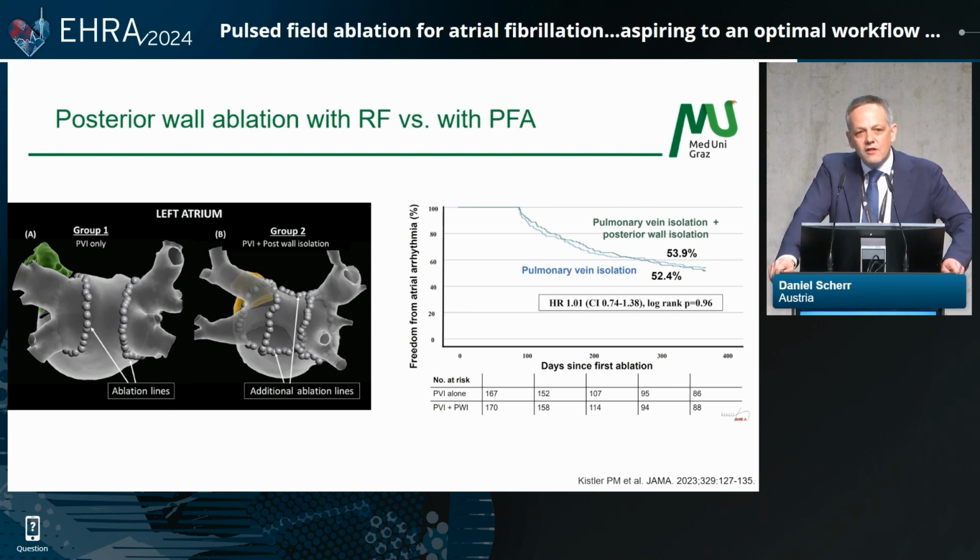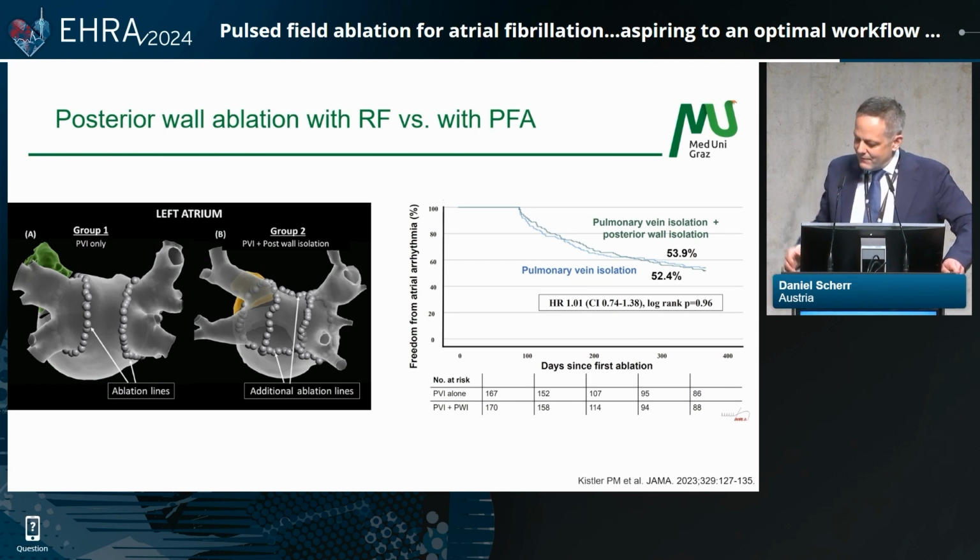And we as physicians may now jump to the conclusion that this is the fault of the energy, that it is RF that is bad, that RF is not working for the posterior wall. And at least myself and maybe some of you in the audience have had bad days where we have really struggled to isolate the posterior wall with RF. We have these days all the time. But that's a foregone conclusion, and that's a hypothesis to be proven.